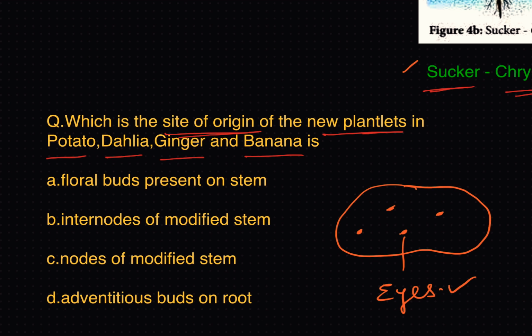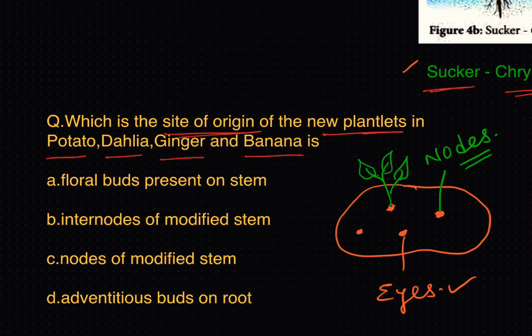Now, if you ask yourself the question, why only at the location of eyes, why not at other places? That is because eyes are nothing but the nodes of the stem. It is from the node of the modified stem that a new plantlet can arise, but not between the nodes or away from the nodes.